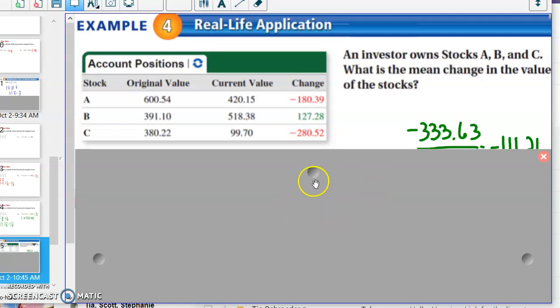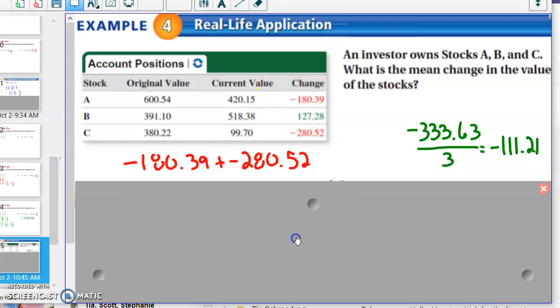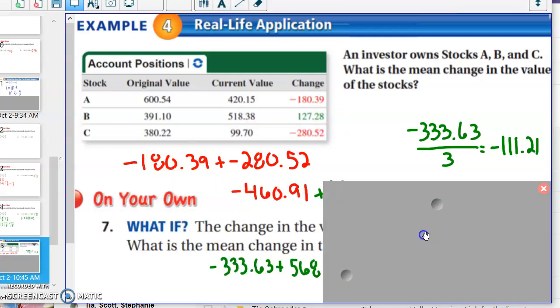All right, next up, a real-life application. An investor owns stocks A, B, and C. What is the mean change in the value of the stocks? Well, to calculate the mean, you have to add all these up and then divide by how many stocks there are. So first thing that I did was add the two negatives together, so the same signs, add and keep, and that gave me an answer of negative 460.91.